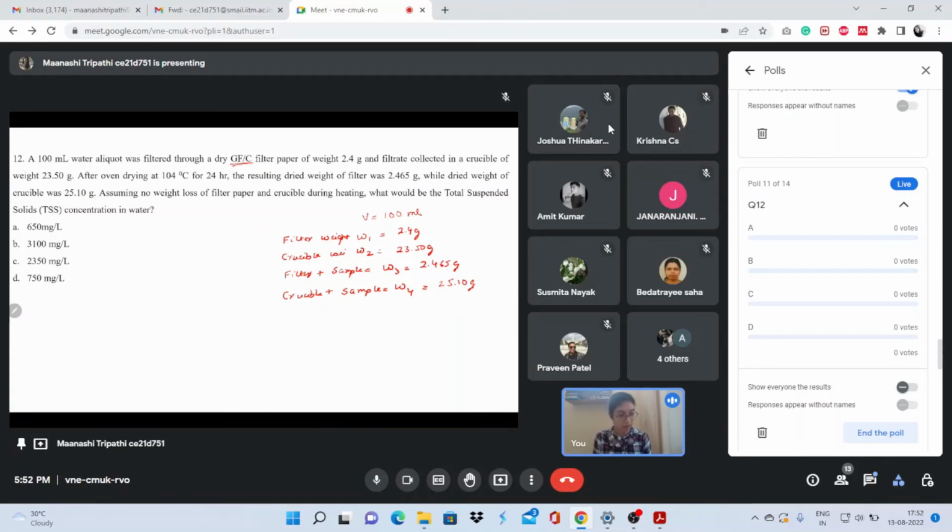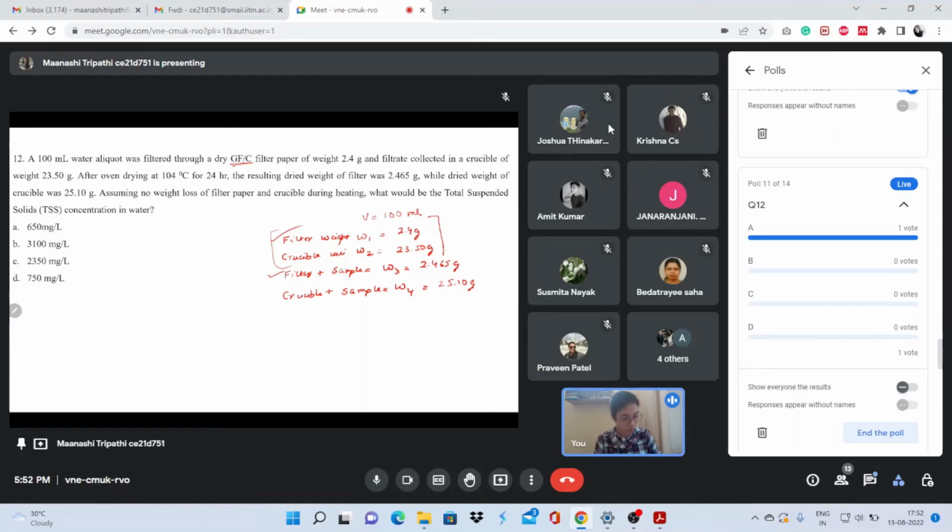So we need to find the total suspended solids. First of all, I told you suspended solid is what you can see with your naked eye, that is not dissolved. When we filter it, it won't go inside the water. It will remain on the filter paper. So we will take care of these two only: the filter and the filter plus sample.